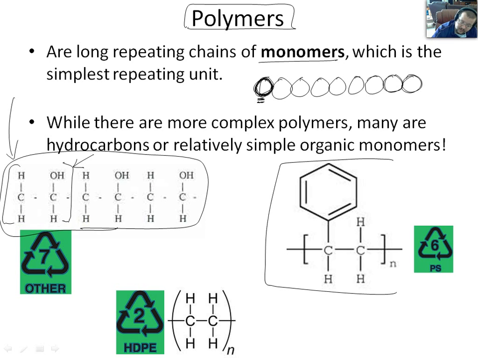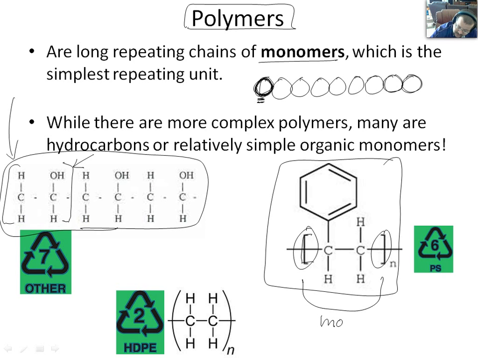The molecule listed on the right here has brackets, and it says everything in that bracket is the monomer. So this piece here represents the monomer, and this N on the outside means we repeat that monomer as many times as we need.